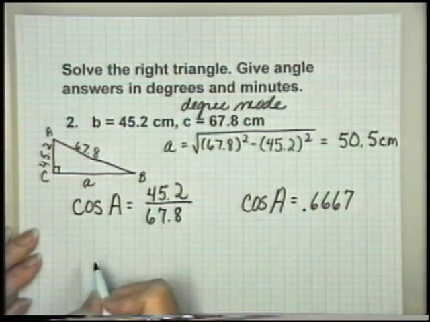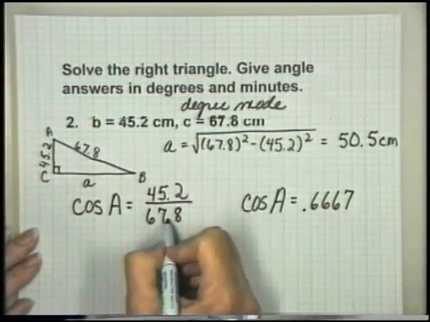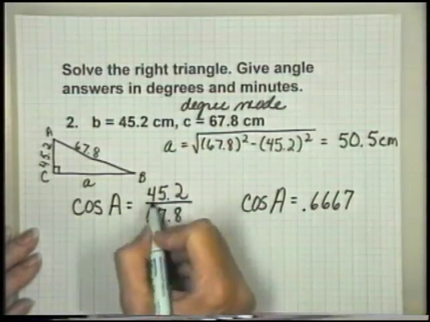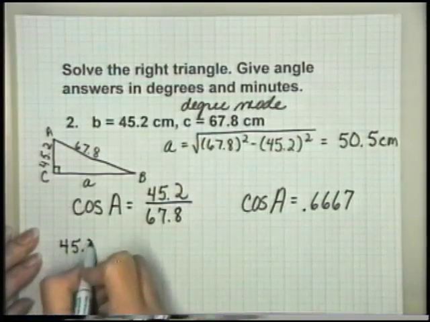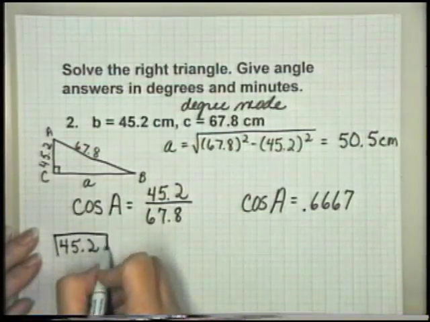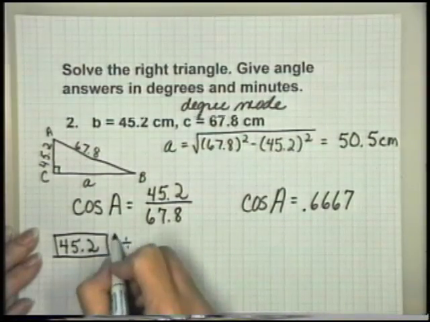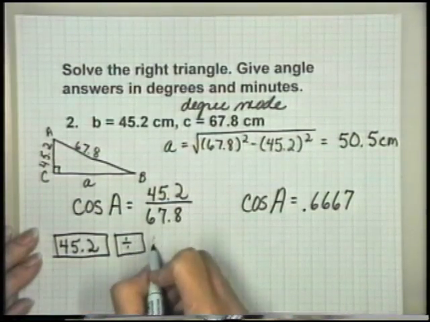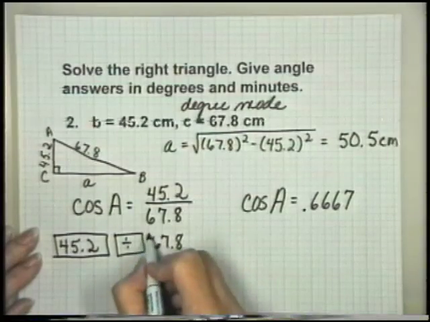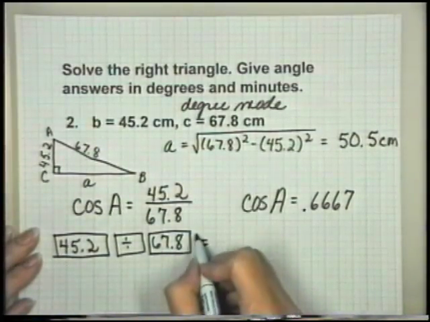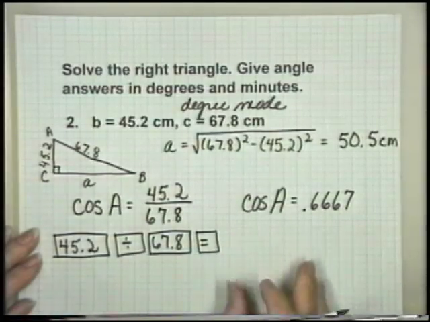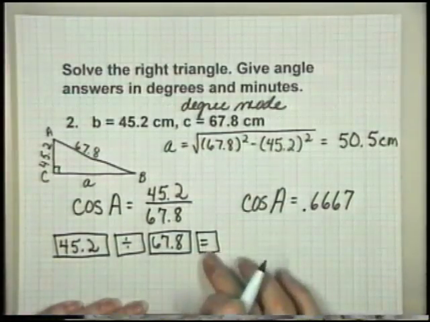And I'm going to write down the steps for my scientific calculator. What I would want to do is divide this out first, so I would go 45.2 divided by 67.8, and then push equals to get it to divide.